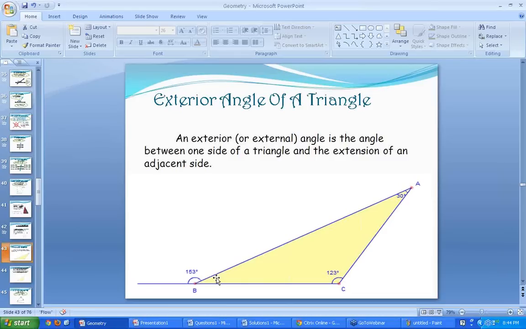The exterior angle is 153 degrees. The supplementary angle to 153 would be 27 degrees. Now the sum of the angles of a triangle is again 180 degrees, so the remaining two would be 180 minus 27, that is 153. So definitely, the exterior angle is equal to the sum of the opposite two angles. I have told you how.